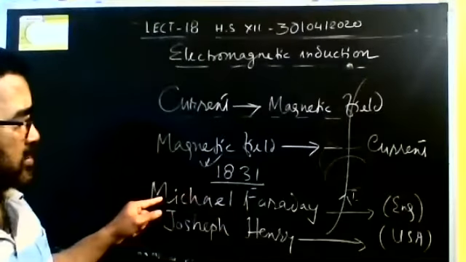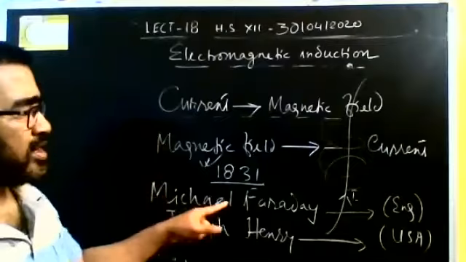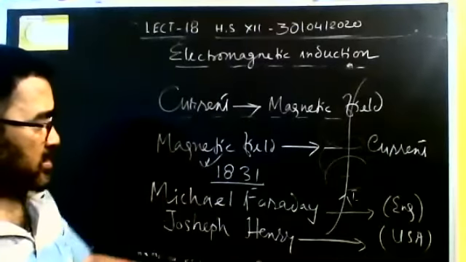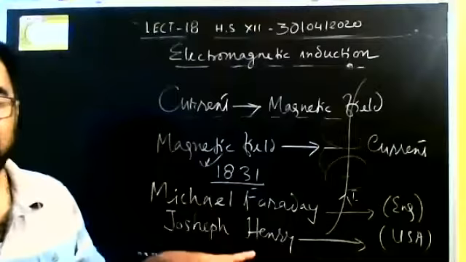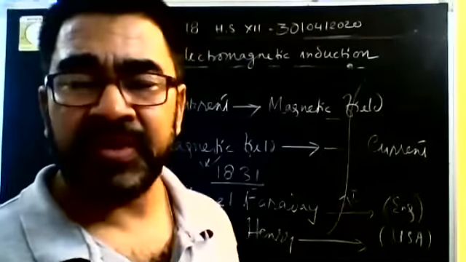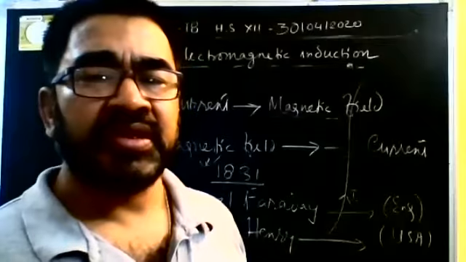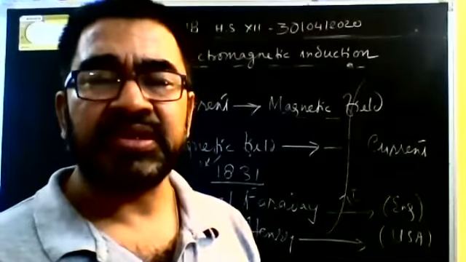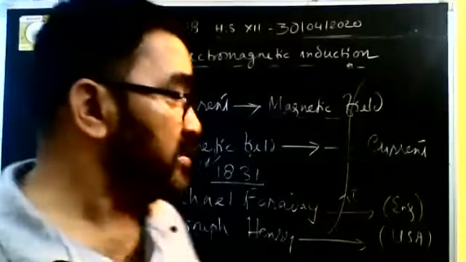The first experiment was performed by Michael Faraday from England. Simultaneously, Joseph Henry from the USA also started an experiment on this topic, the conversion of magnetic field into current. That production of current is called induction, the induced current or induced EMF, right?